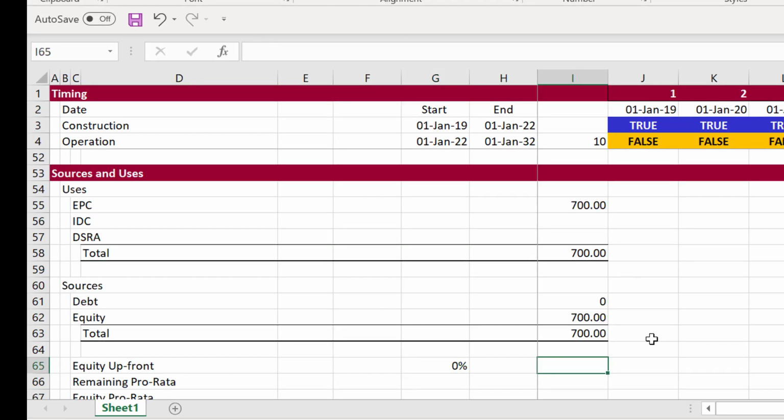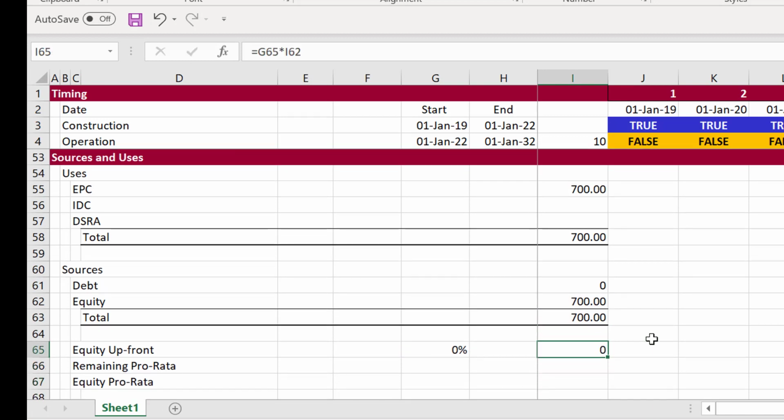Okay, and then funding is zero, so the equity up front is the 0%. Whoops, excuse me. This multiplied by the equity. Okay, and that means the remaining pro rata is going to be the total equity minus this, and it should say remaining equity, excuse me.